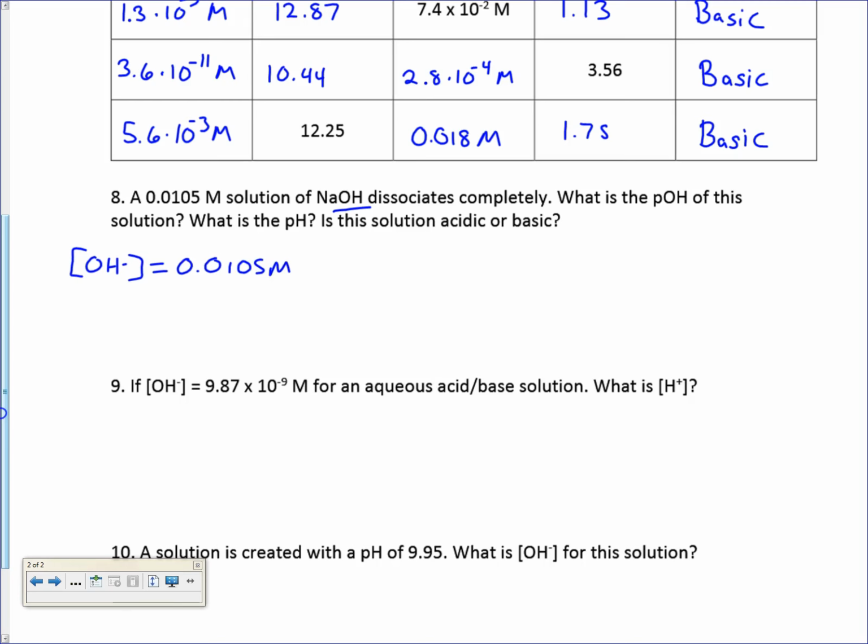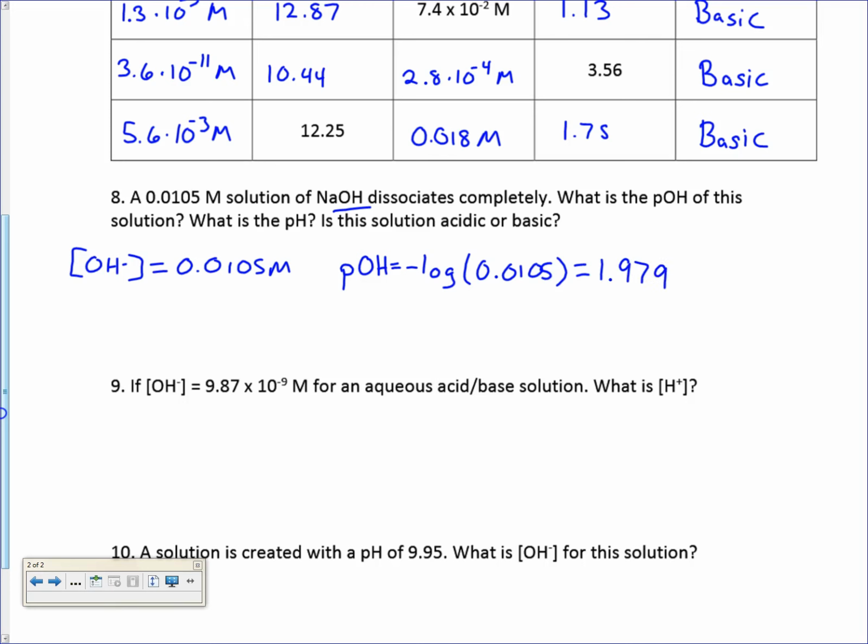Then from that, we can find the pOH. All you have to do is say pOH equals the negative log of the concentration, so negative log of 0.0105, and you get that pOH is equal to 1.979.